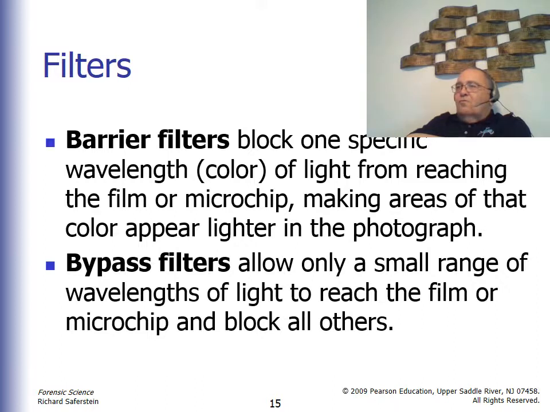That's some difficult photography, so you would use filters there to filter out some of the harsh light that would be on the scene. There are bypass filters that only allow a small range of light to reach the sensor. Mostly we deal with harsh lighting.